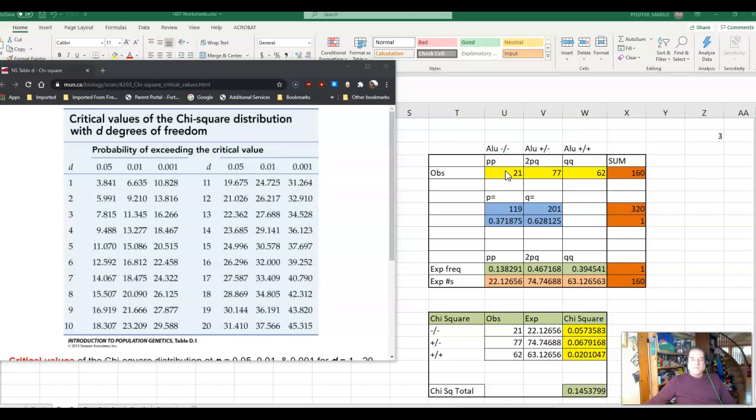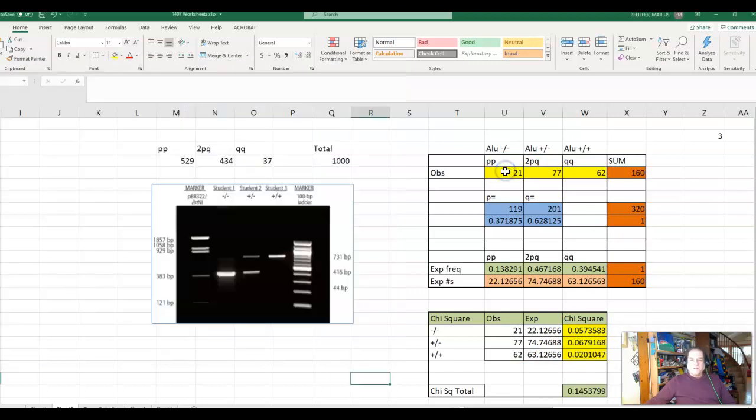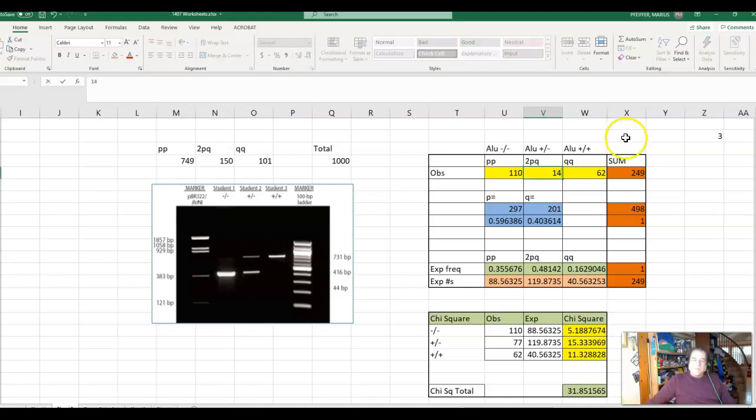All right? We're still going to go for 160, but I'm going to go ahead and put in 110. All right? And I'm going to put in 14, and the remainder to get to 160, which was our original number.